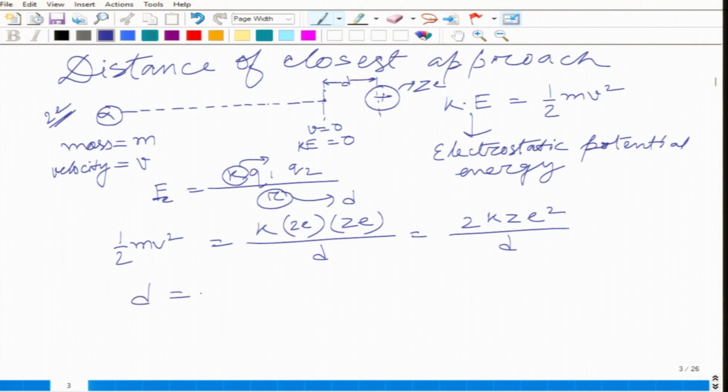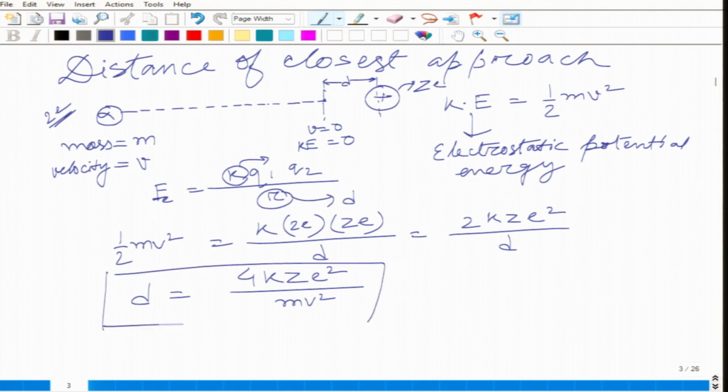So, d will be equal to 4k Ze square by mv square. From this, we can calculate the value of the distance of closest approach. So, this was Rutherford's model and the distance of closest approach.